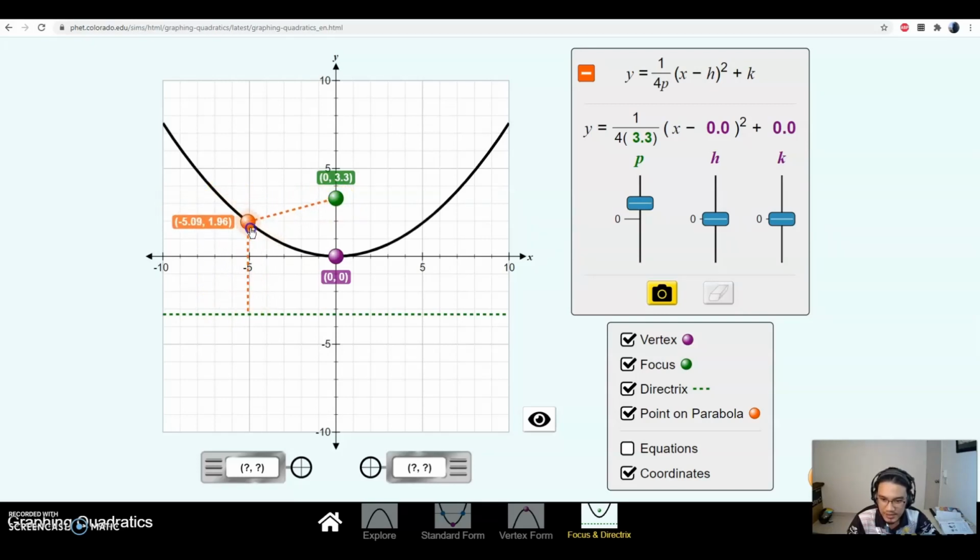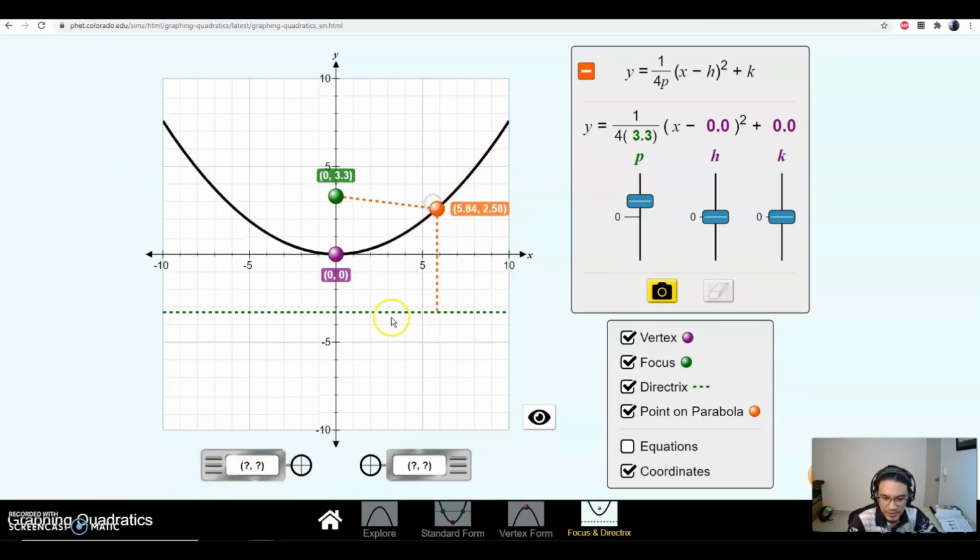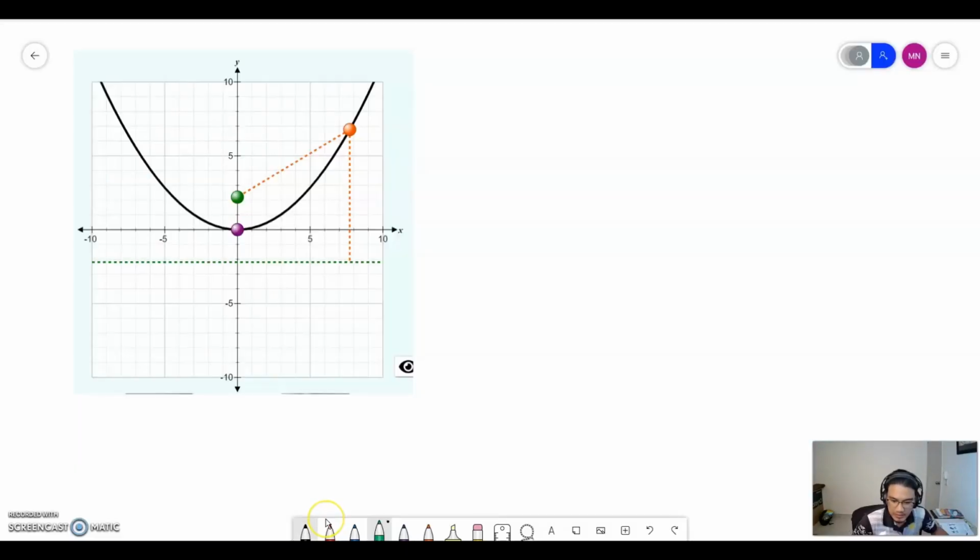That is the main identity to draw a parabola. You can also observe that the angle between the directrix and this orange dotted line is always 90 degrees. Now let's look at this example of a parabola.